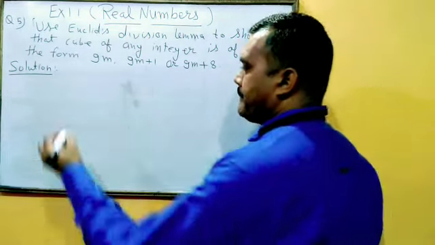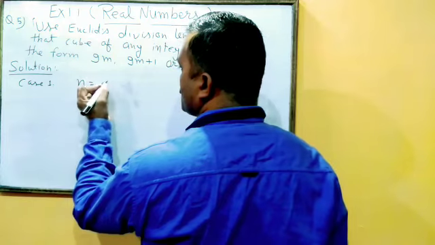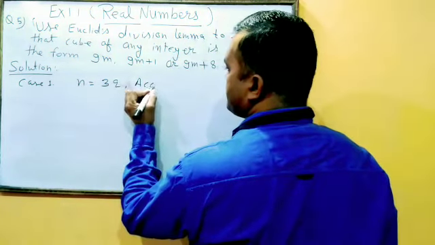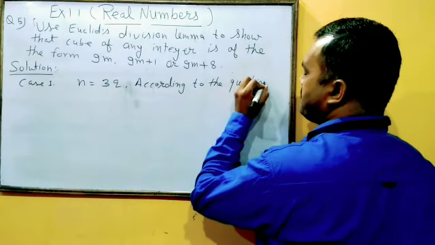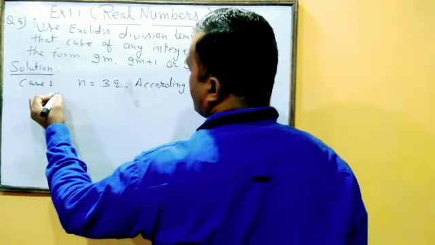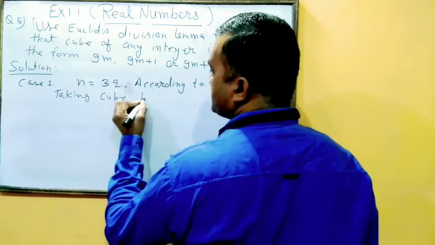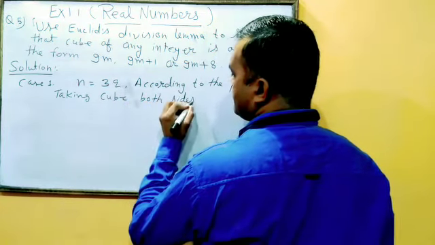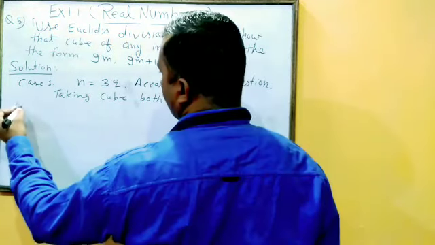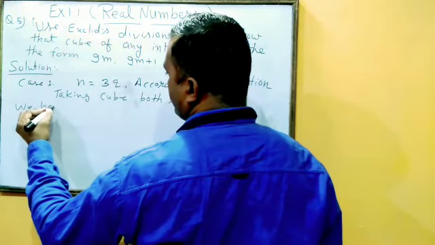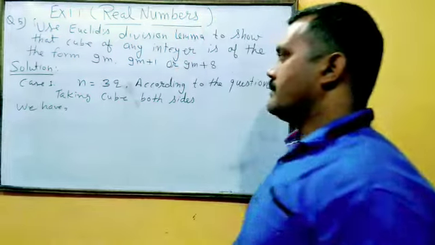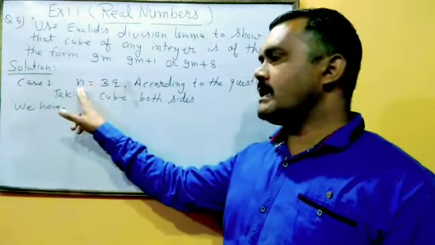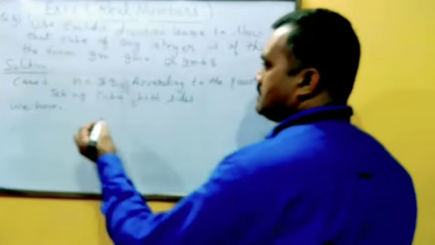Case 1, n is equal to 3q. According to the question, we need to just take the cube of both sides.